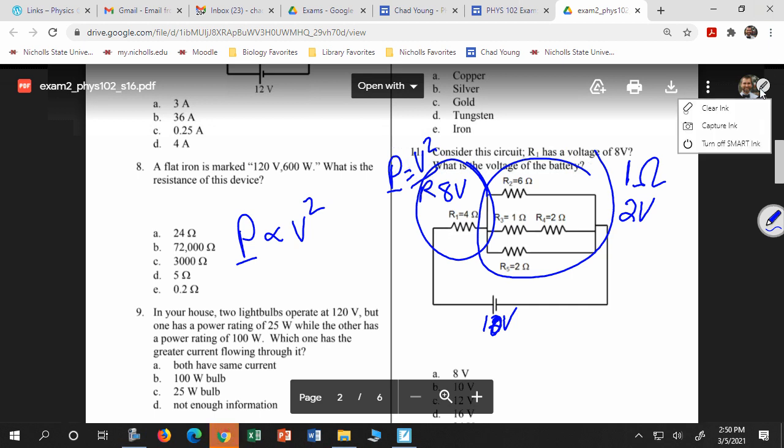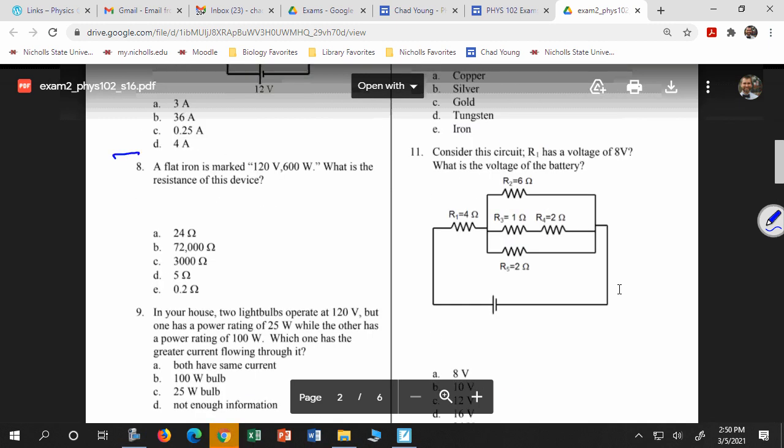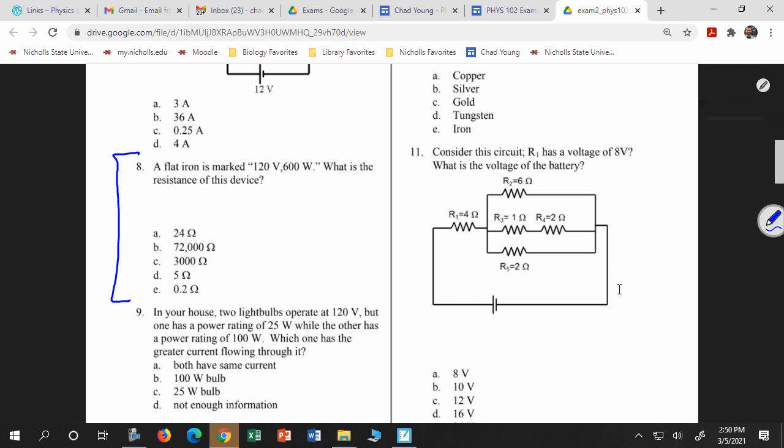Let's look at another one, I think more like what you were asking. I like this one right here. So you'll have a simple one, I think, where I give you the power or the voltage or the current, and I ask for some other thing. Remember, there are 3 equations regarding power.